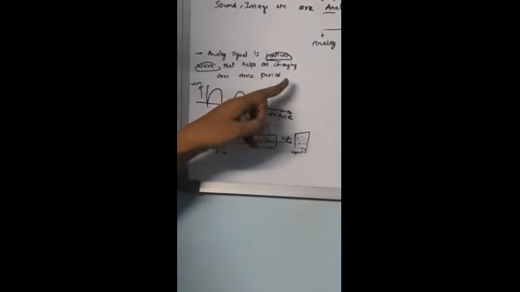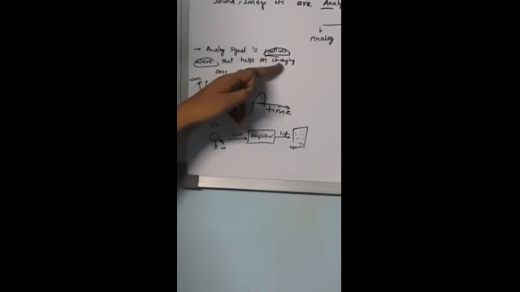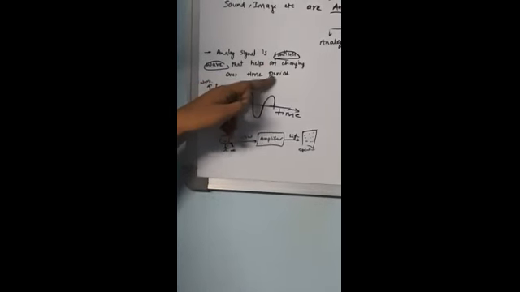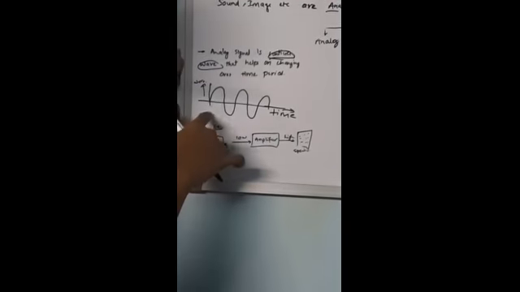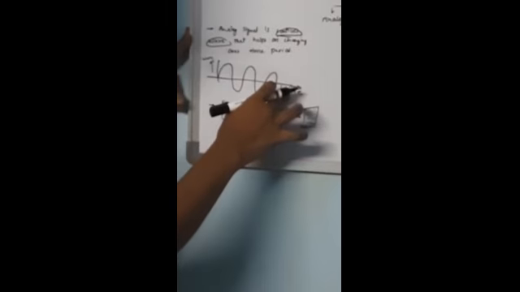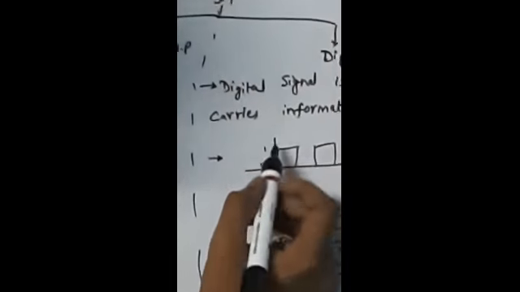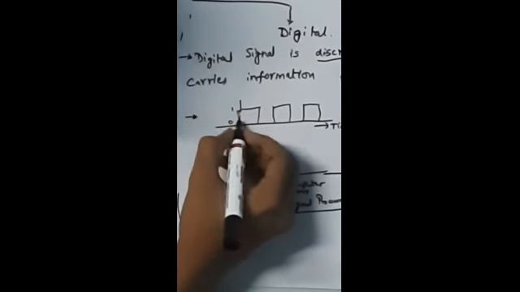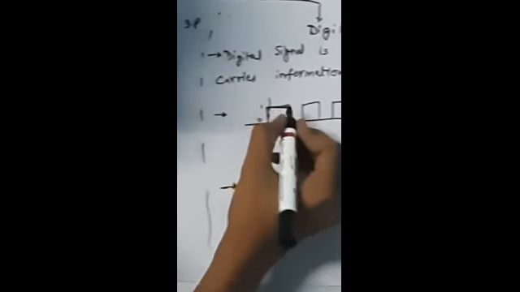An analog signal is a continuous wave that keeps changing over the time period. It will be continuously changing with time. Coming to the digital signal, it is a discrete wave. See here, it goes from 0 to 1, after that it becomes 0.